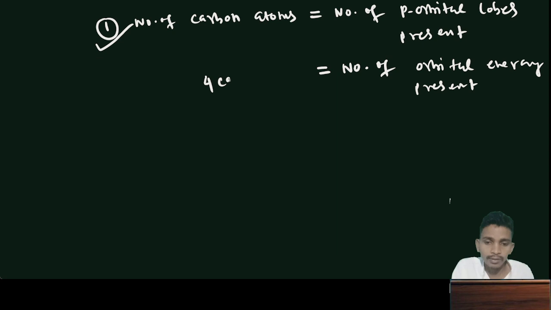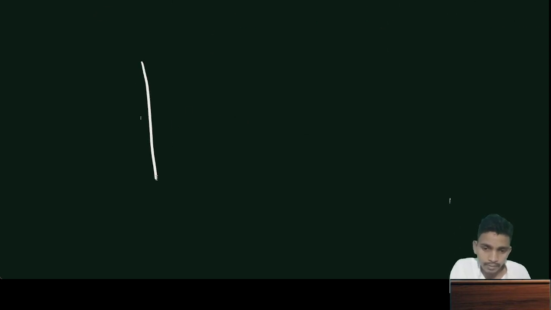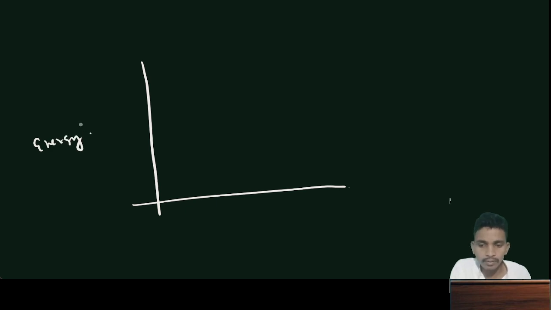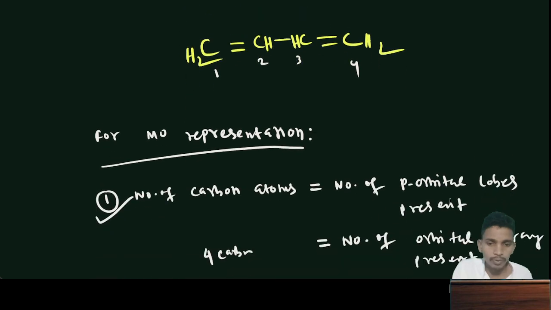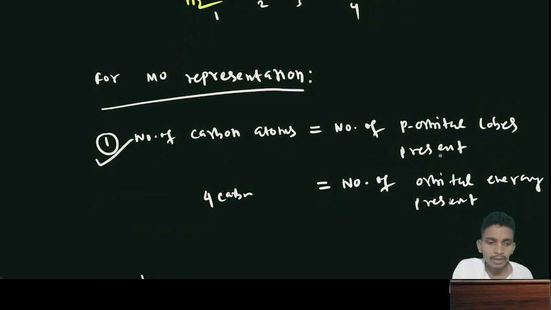So 4 carbon atoms means the number of p orbital lobes is 4 and the number of orbital energies is also 4.